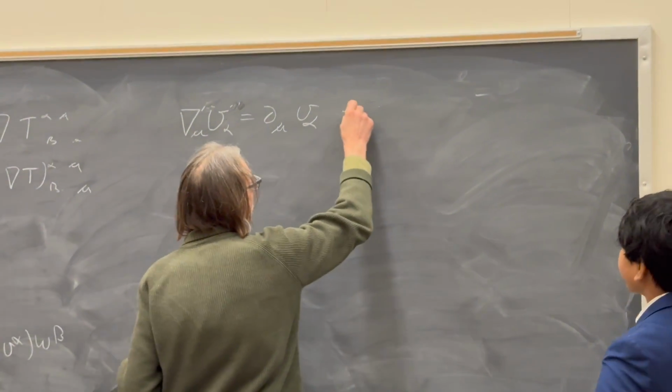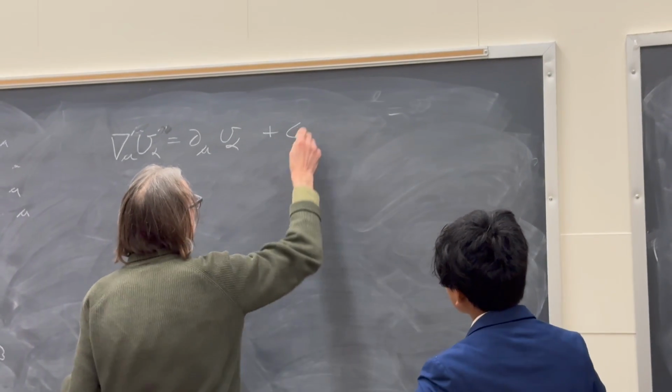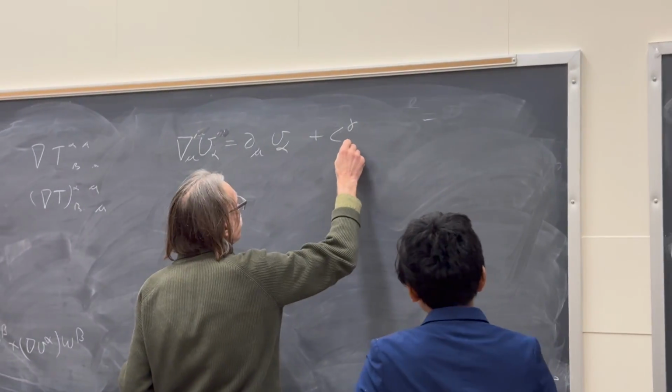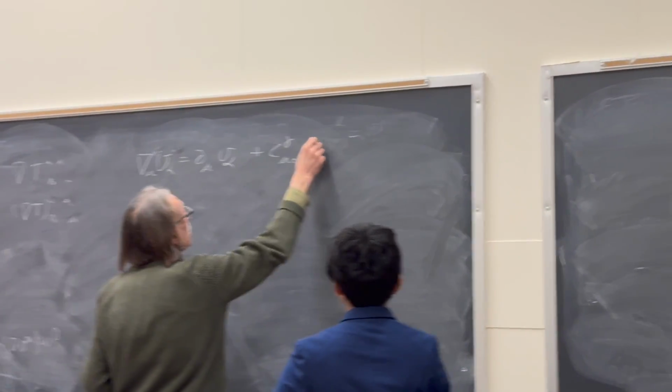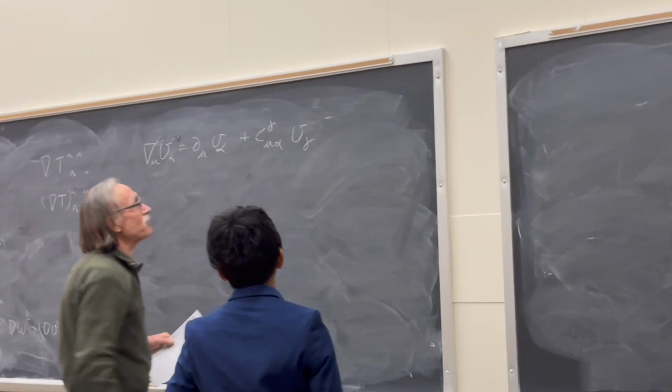And the other term is C gamma mu alpha times V gamma.